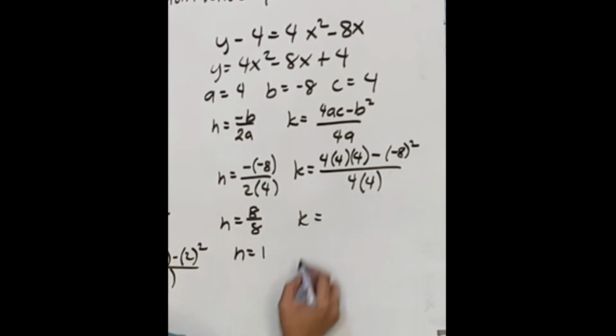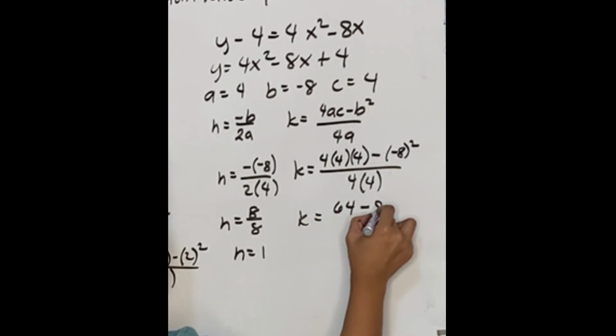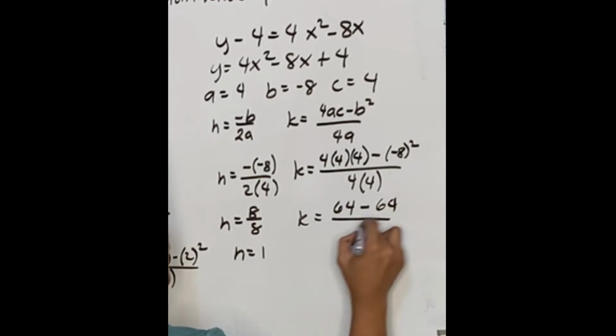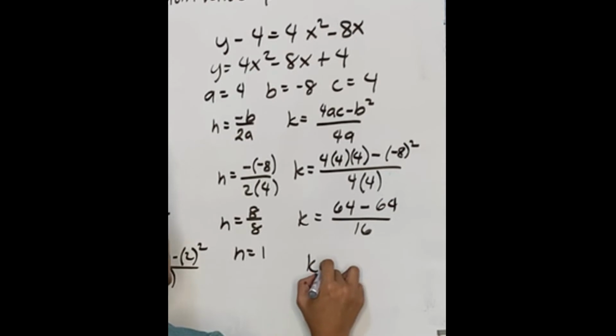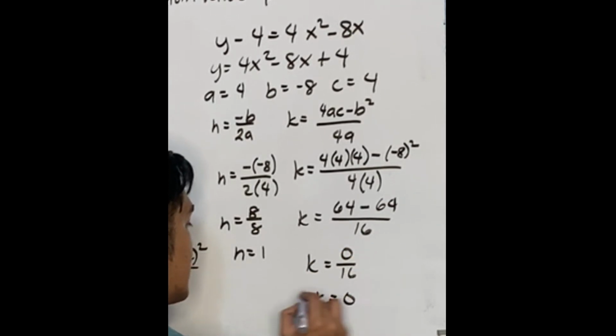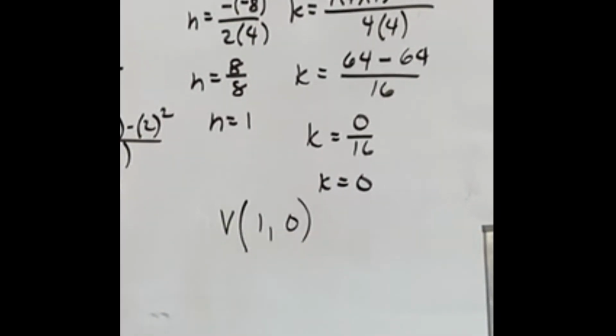K is equal to 4 times 4 times 4 is 64 minus negative 8 squared is 64, over 16. K is equal to 0 over 16. K is equal to 0. Therefore, our vertex is (1, 0).